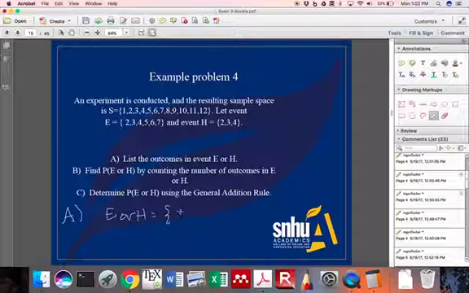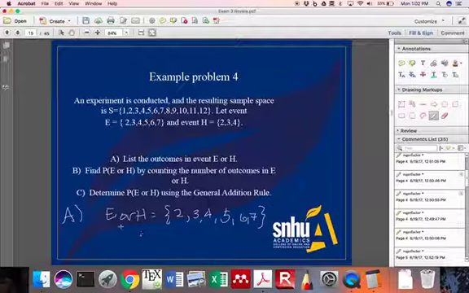So 1 is not in either of these sets, so we don't count 1. 2 is in both, 3 is in both, 4 is in both, and 5, 6, and 7. So that's the event. Those are the events E or H. So if you belong to E, you're in this collection. If you belong to H, you're in this collection. If you happen to belong to both, good for you.